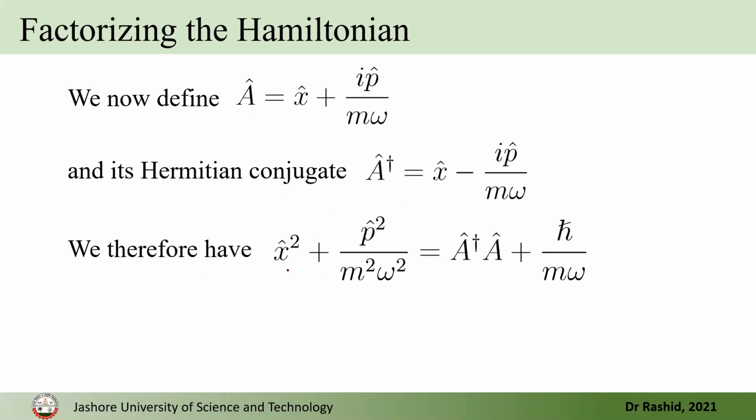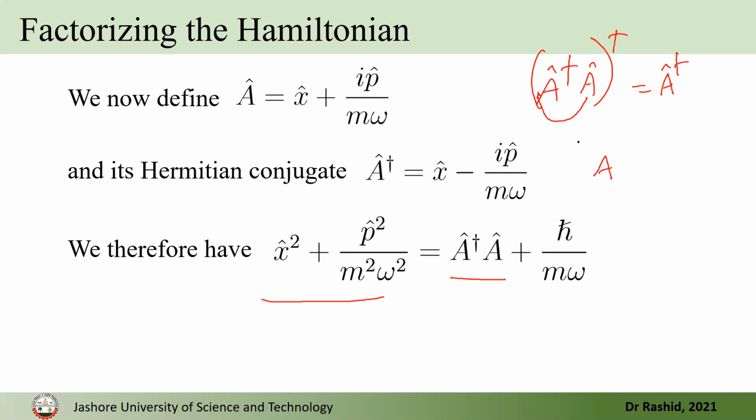Now the Hamiltonian has this term. But you can clearly see that a hat dagger a hat is Hermitian, because if we take the Hermitian conjugate of a hat dagger a hat, we know that the order will be changed. This one will come first, and the Hermitian conjugate of the Hermitian conjugate is the same as the original one.